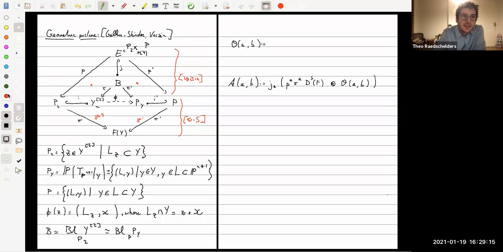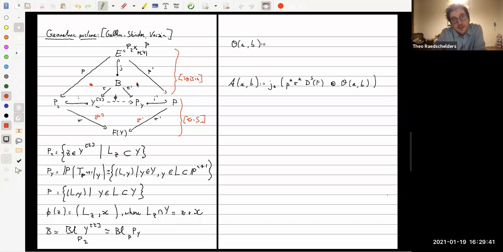If we look at the semi-orthogonal decomposition coming from this left-hand square, then we decompose the derived category of B in terms of the Hilbert scheme and one copy of this P2. But this P2 itself is a projective bundle over the Fano variety, so the end result is we get the Hilbert scheme and some copies of the Fano variety.